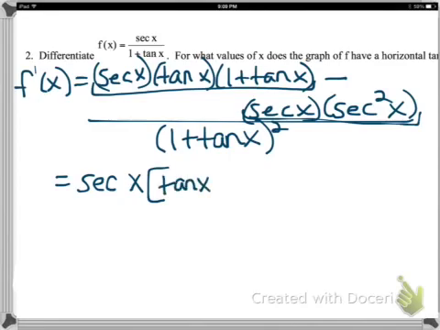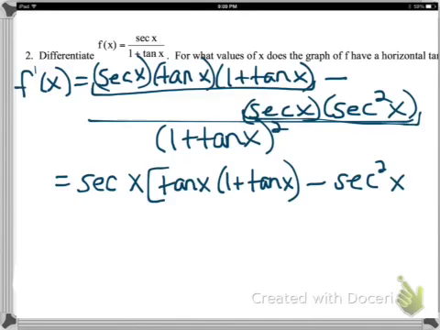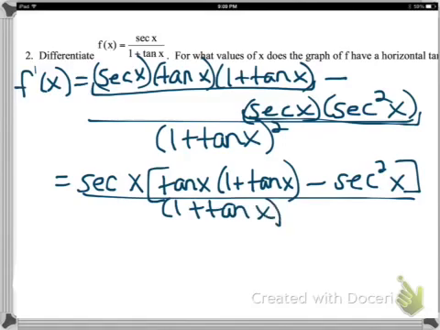Tangent times 1 plus tangent as the first term, minus secant squared, all over my denominator, 1 plus tangent squared.